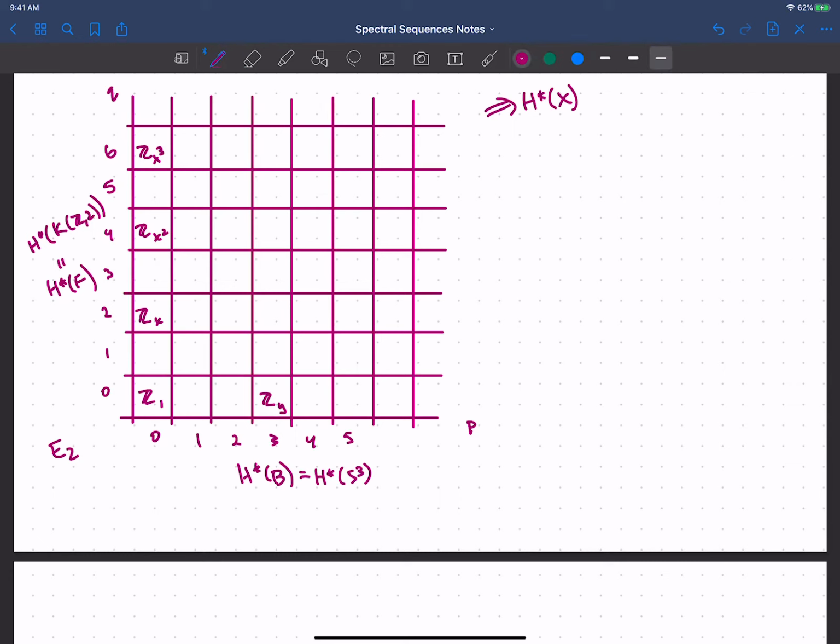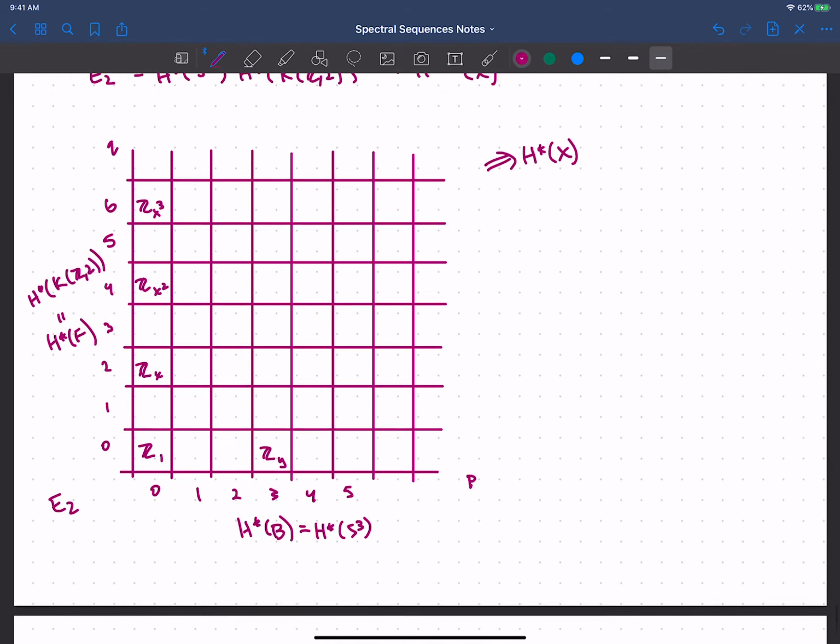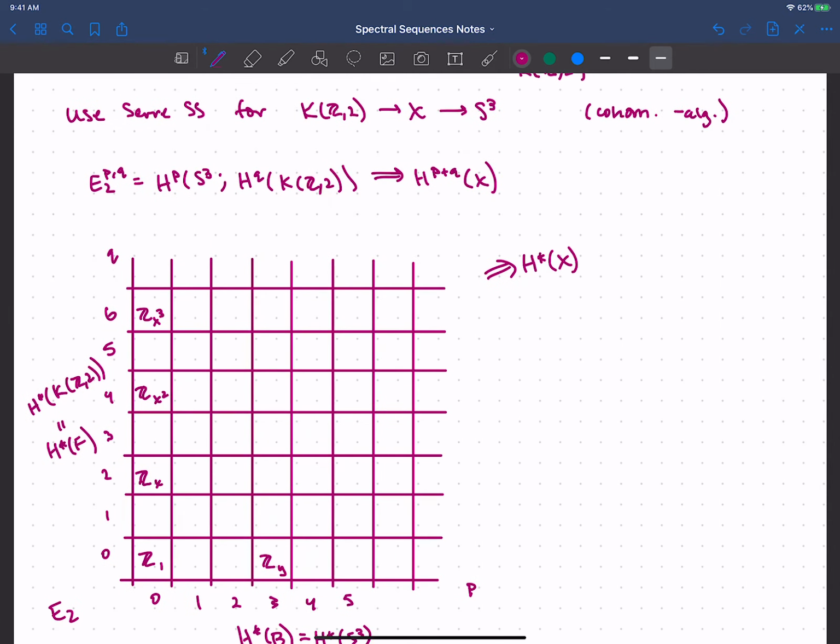In particular, maybe let me point out, scrolling back up a bit, that so far we've mostly used the spectral sequence to figure out the cohomology of the base from the cohomology of the fiber. But this time we are actually interested in the cohomology of the total space, right? That's the one that we don't know. So I actually know the cohomology of the fiber and the cohomology of the base.